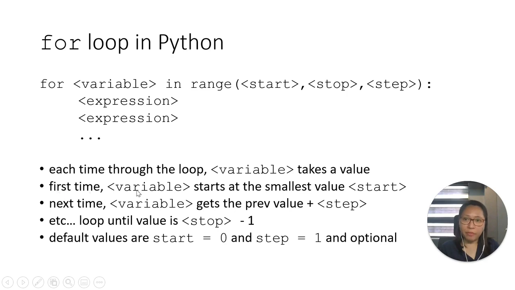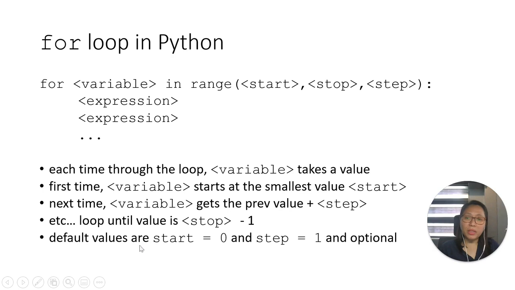The first time, variable starts at the smallest value, which is the start. The next time, variable gets the previous value plus step. So the step is the increment, the value that you add to start. And then you loop until the value is stop minus 1.